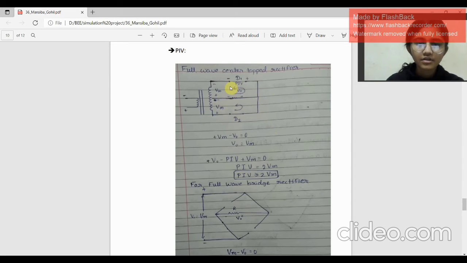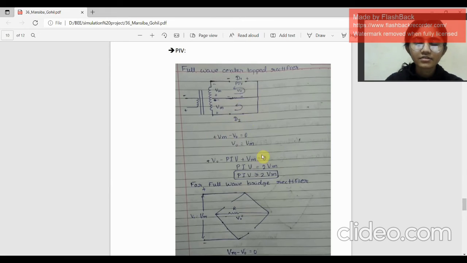D1 will work as an open circuit when we give the output in the negative half cycle, and D2, in the ideal form, will work as a short circuit.